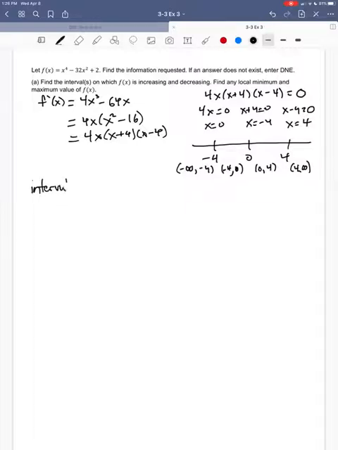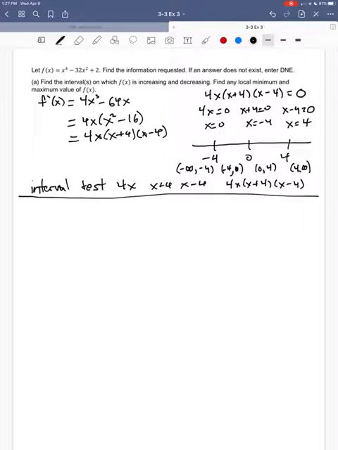For each interval, I'm going to take what I call a test number, and then I'm going to look at these factors, 4x, x plus 4, x minus 4, and then I'm going to multiply them all together to get the overall derivative. 4x times x plus 4 times x minus 4. And I'm going to look at a big table with that information.